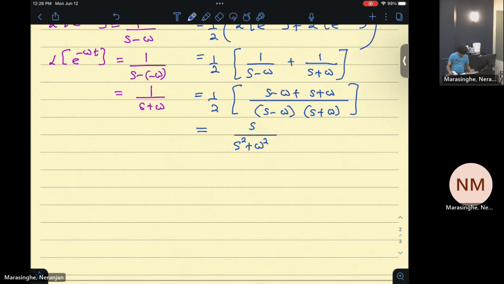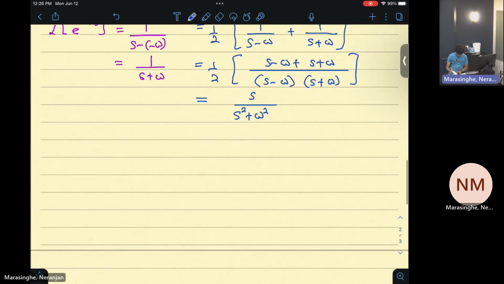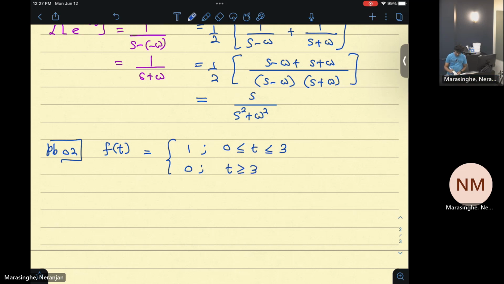This is problem number 2. Suppose we have some function f of t defined in this way: 1 if t is in between 0 to 3, and 0 if t is greater than or equal to 3.